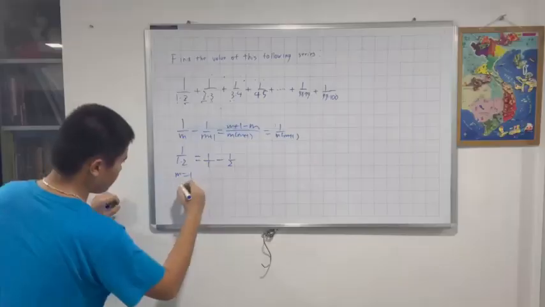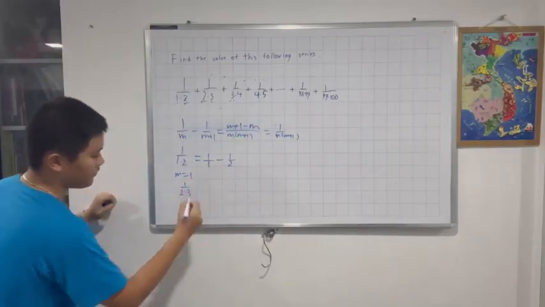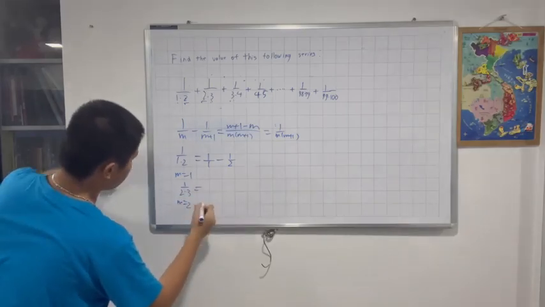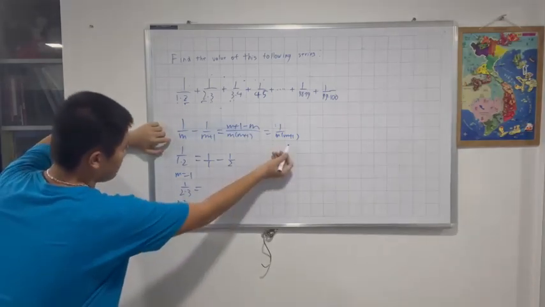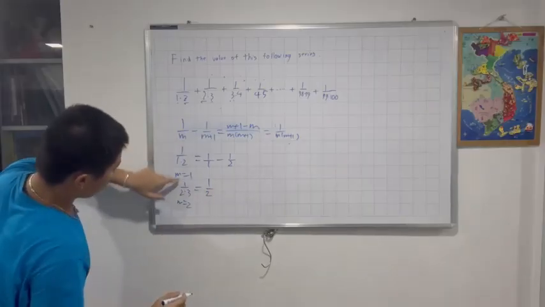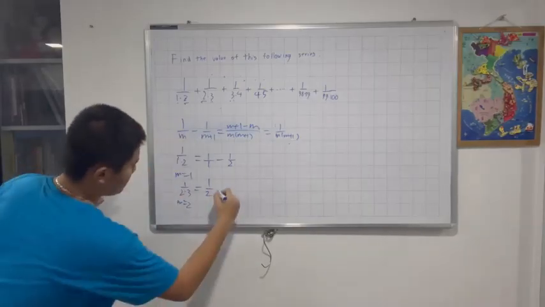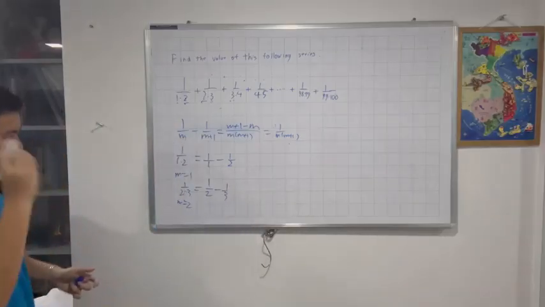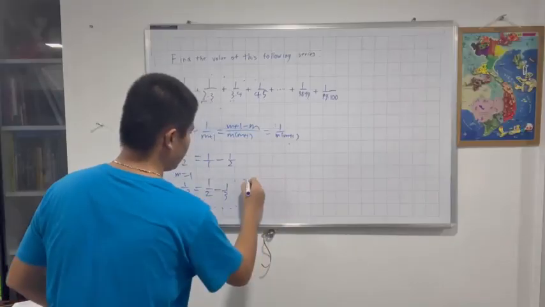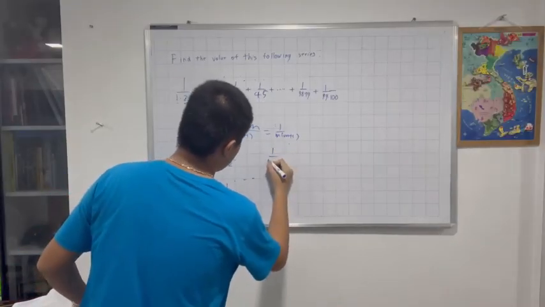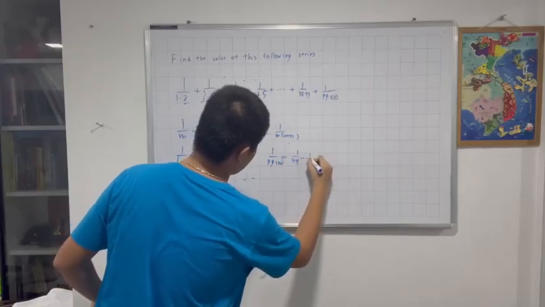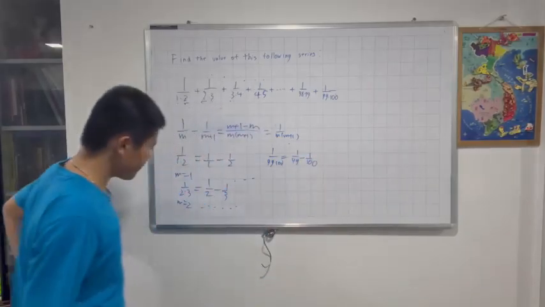We do the same with the second term, 1 over 2 times 3, where m equals 2. So it's 1 over 2 minus 1 over 3, right? You repeat the same until 1 over 99 times 100, which equals 1 over 99 minus 1 over 100, right?